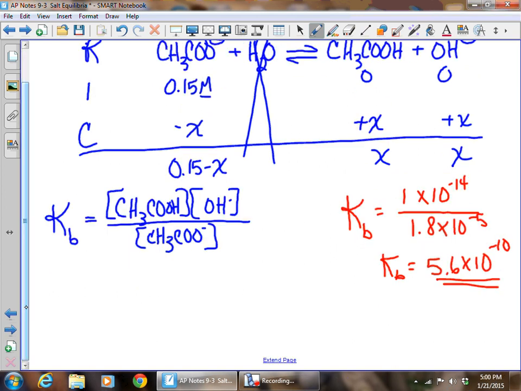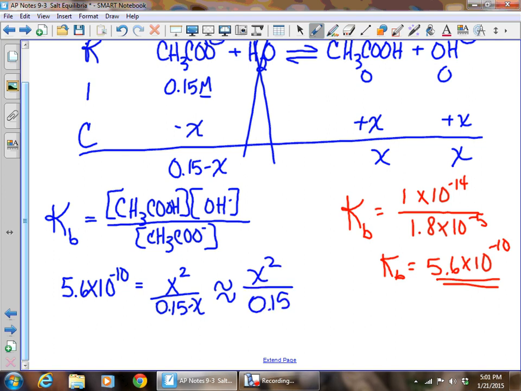So there's our new K, and that's what we're going to have to use in this equation. So coming down here, that's going to give us 5.6 times 10 to the minus 10th. And that's the only thing that's different about a salt equation or salt equilibria. You've got to get that new reaction, and then you've got to find a new K. So our equilibrium concentration for both CH3COOH and OH minus are x, so x squared over 0.15 minus x, which is approximately equal to x squared over 0.15.